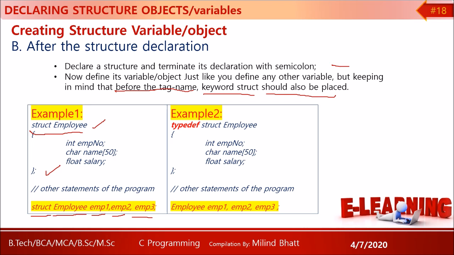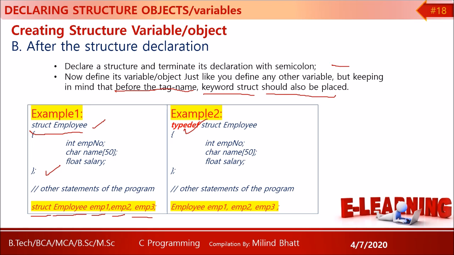If you don't want to use struct always in your program, it is suggested to define a typedef struct employee and do it normally. This typedef will give you the liberty that at the time of mentioning variables or creating objects of it, there is no need to give the struct keyword initially with the name of your structure.